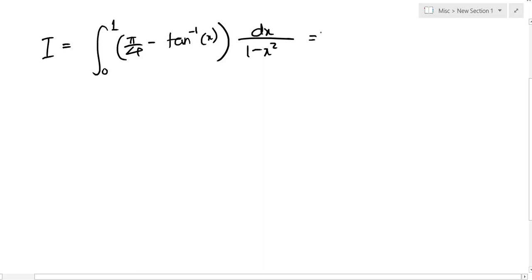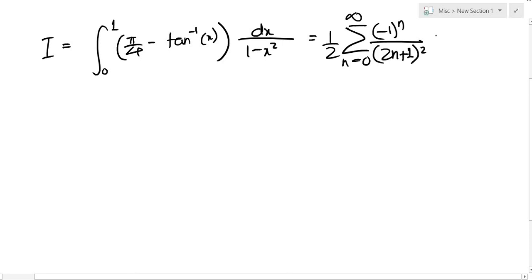That just evaluated to half of the sum from n equals 0 to infinity of minus 1 to the nth power over 2n plus 1, the whole thing squared. And we know that this was Catalan's constant, so we have half of Catalan's constant, G.